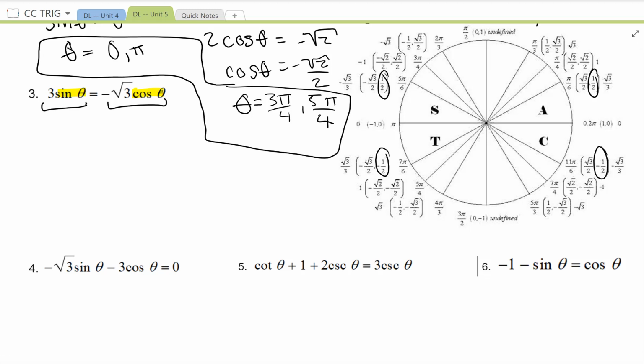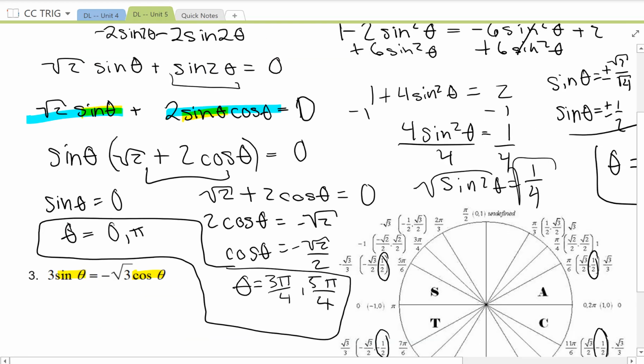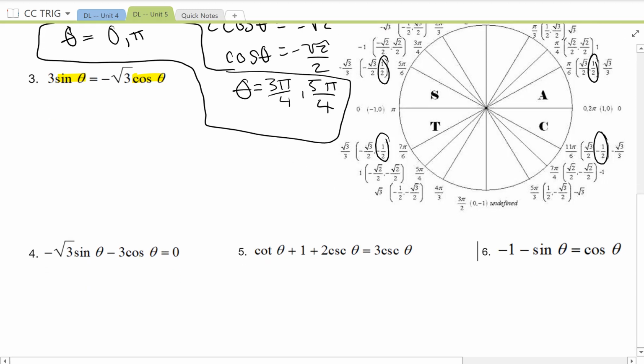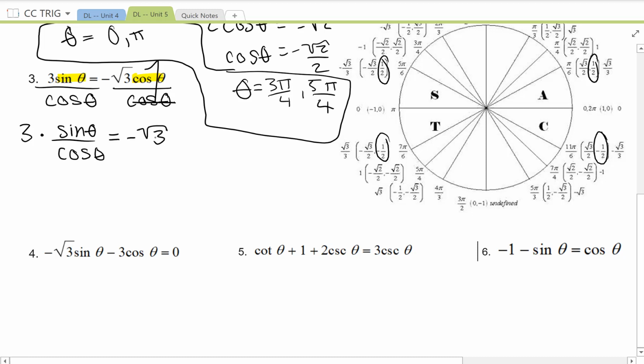I'm going to divide both sides by cosine. Now, you cannot do this in the cases where you're factoring, okay? You cannot do this. I'm going to show you why you can do it here. You have 3 times sine theta over cosine theta equals negative root 3.